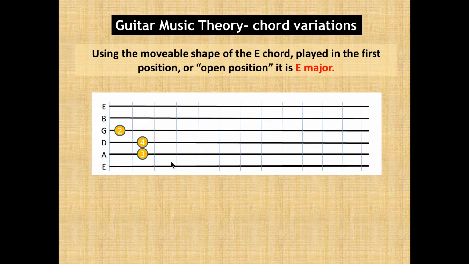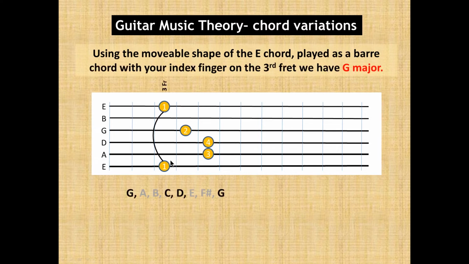And we're jumping off there because what we're going to do is simply slide that form up, and we're going to bar at the 3rd fret. So in the first position, the bar is really what's called the nut of your guitar. It's where the strings terminate. And the bar essentially terminates the strings at that point, at that fret.